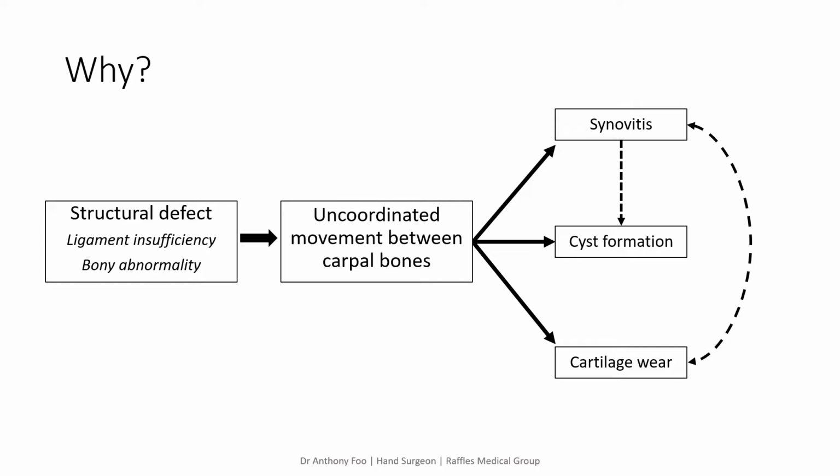And over time, through multiple healing or inflammatory cycles, cysts may form around the site of unhealed ligaments. And if left unchecked, this disrupted kinematics of the wrist would lead to cartilage wear and tear around the joint, eventually culminating in end-stage arthritis.